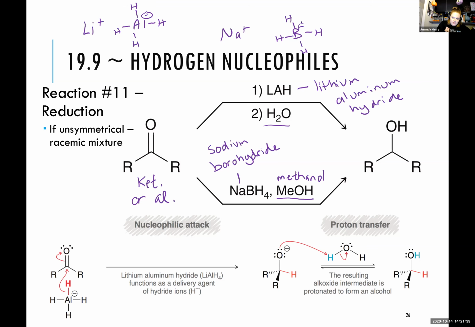What do boron and aluminum have in common? They can both be Lewis acids. This is true.